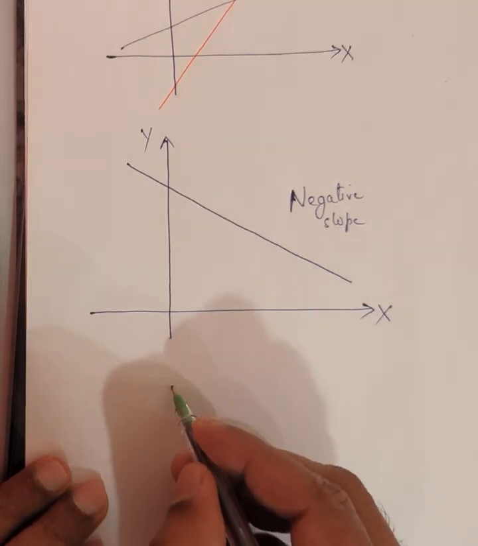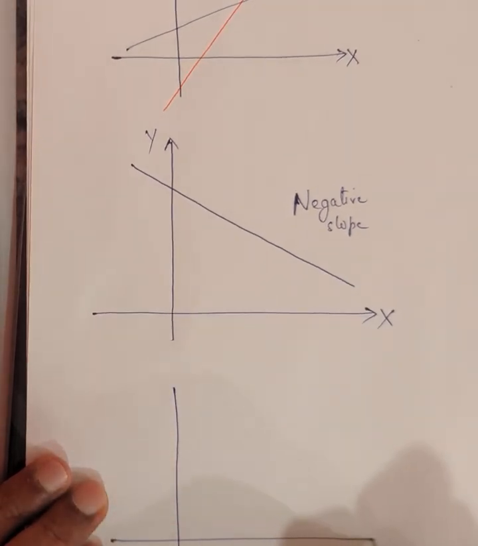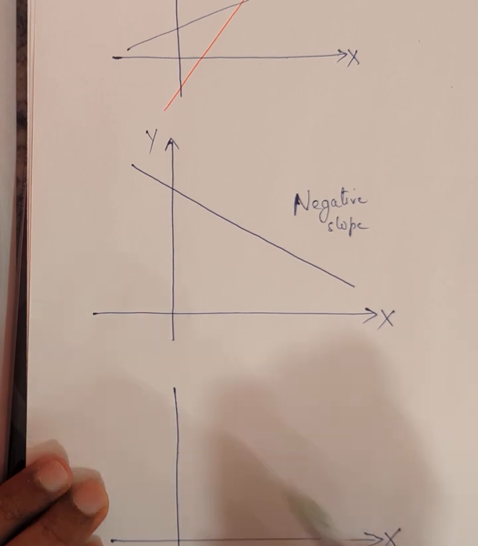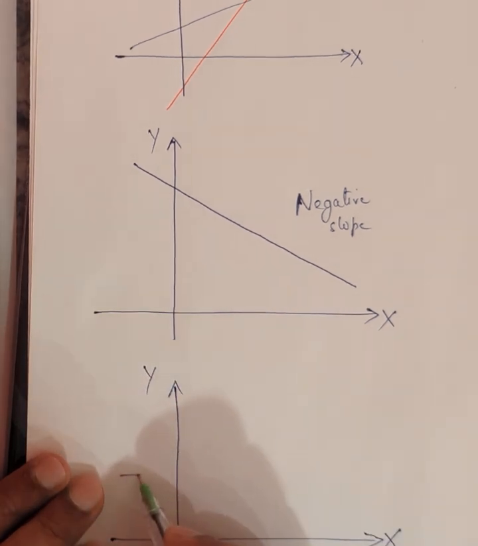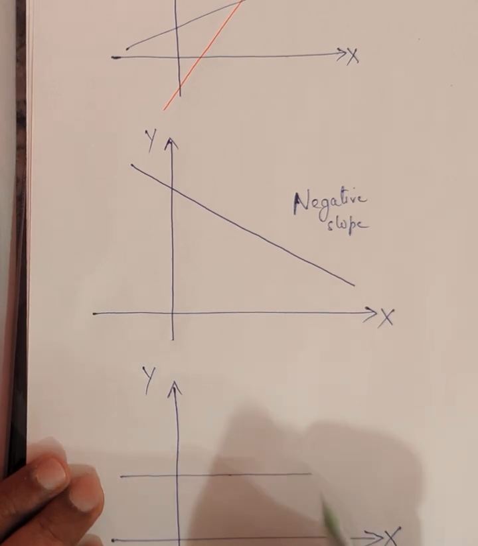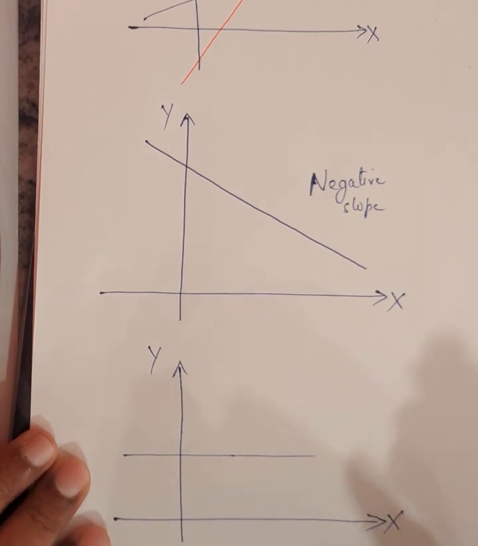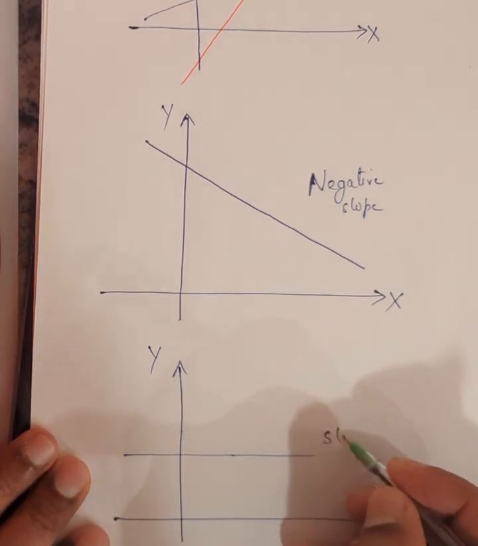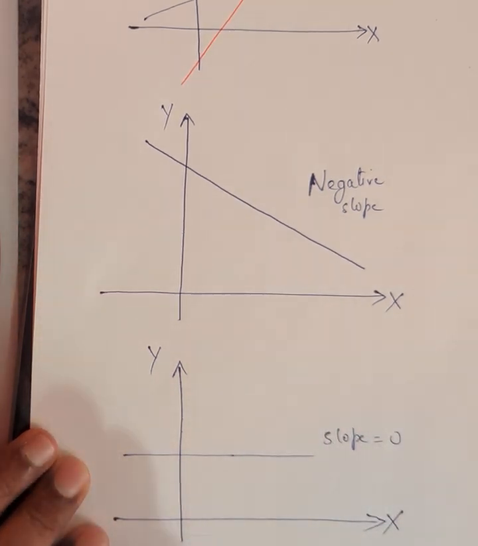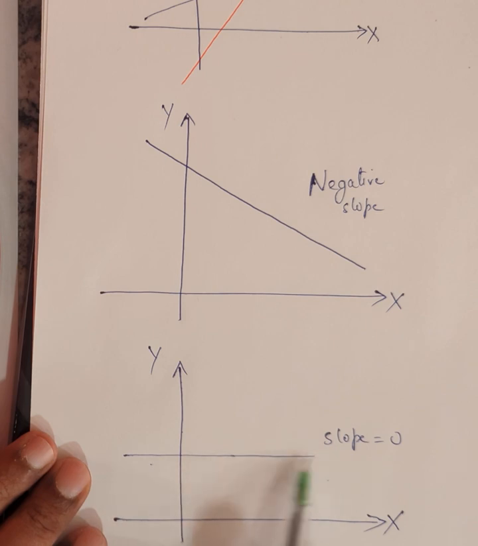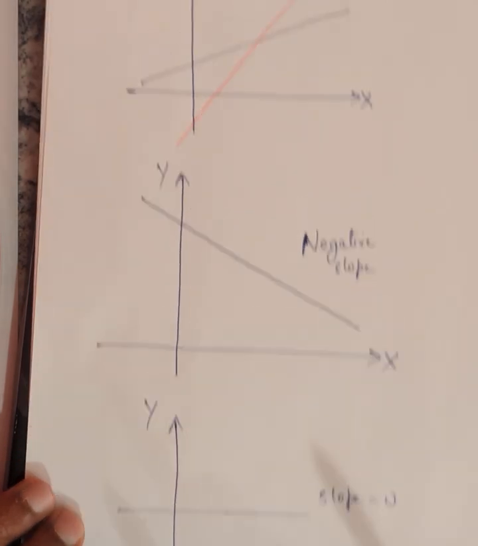And if a line is horizontal or flat, then the slope of this line is 0 because the steepness is neither positive nor negative. If you're going to walk on this line, you're neither gaining height nor losing height.